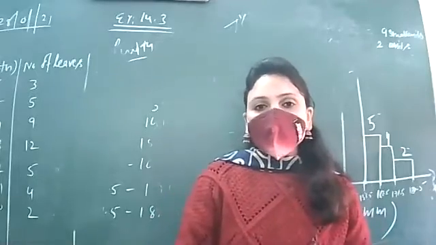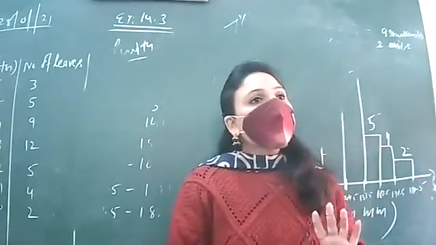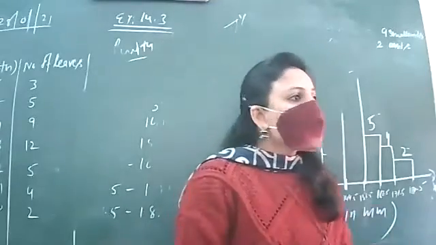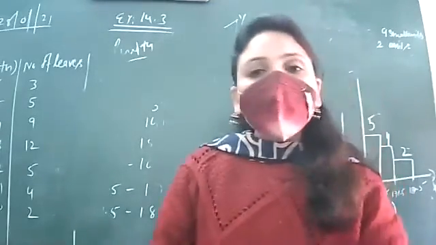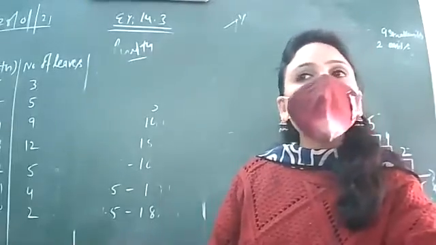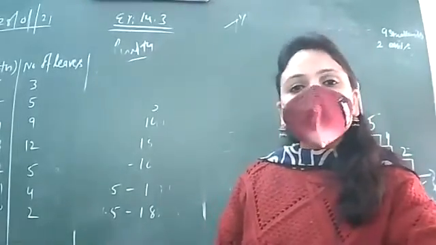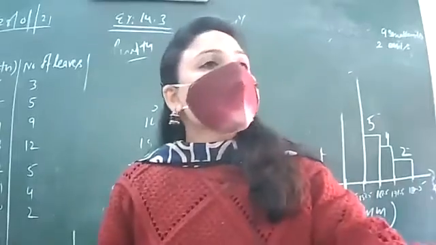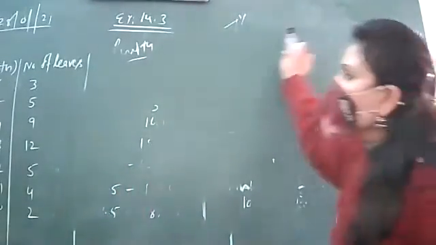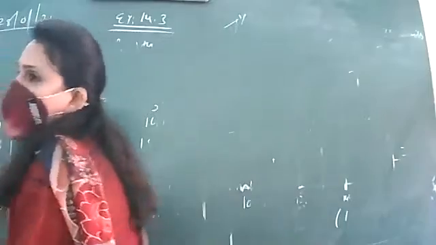These 3 things are to be revised, and one chapter thoroughly will be prepared for the exam, and in the way you will give the test on 1st Feb, right? And accordingly, 2:30 I will put the question paper in the group. You do accordingly. 40 minutes, after 40 minutes, you give it back in the form of PDF, right? I will put in the group also that on 1st Feb there is test of statistics.